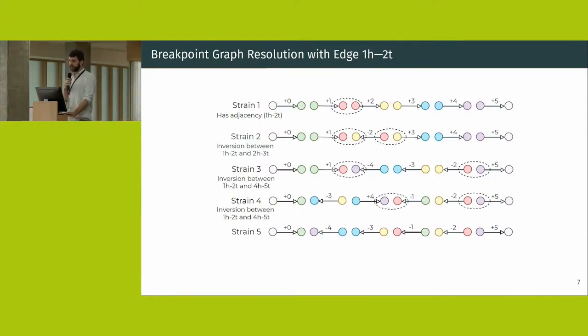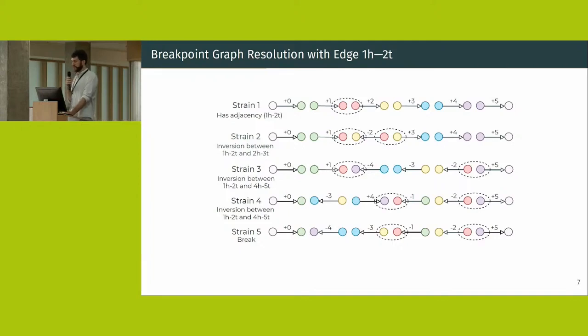In strain 4, it's not so easy to say what exactly happened, but possibly it was also the same inversion as in strain 3, because red vertices and purple vertices are neighbors again. And in strain 5, there are different colors of neighbors of red vertices, which means there was some complicated event during the development of strain 5.